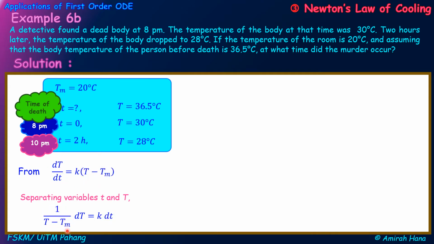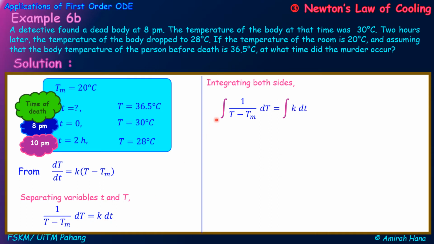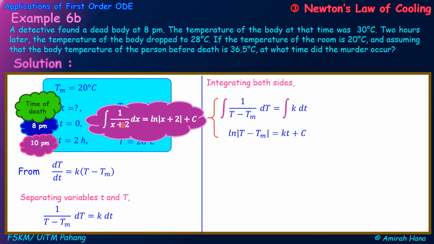After that, integrating both sides. From here, we just put the integration sign on both sides, and we integrate the left-hand side and right-hand side. To integrate the left-hand side, we can refer to, let's say, we want to integrate 1 over x plus 2 dx.